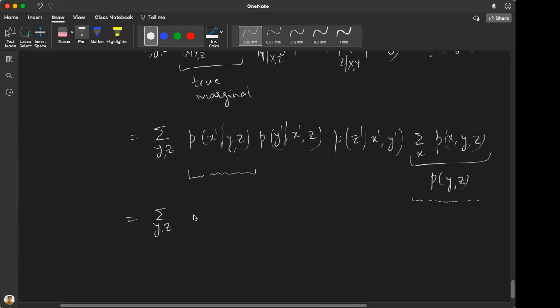P of x dash comma y comma z, right? And this term is P of y dash given... This term is actually independent of both y and z, so it can come out.